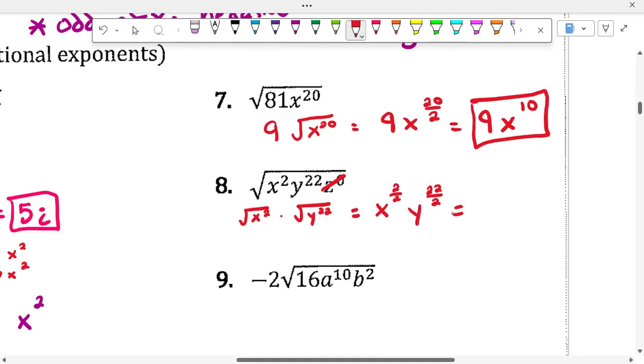So this would be what? x, y, 24/2. Nope. 11. 22 divided by 2 is 11. 2 divided by 2 is 1, so there's an unspoken 1 here, but you technically don't have to put it.